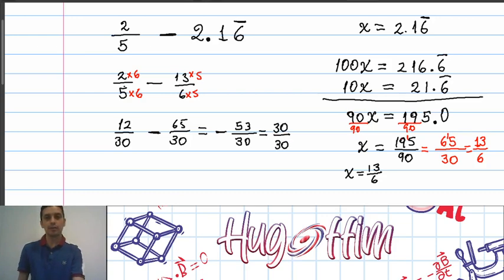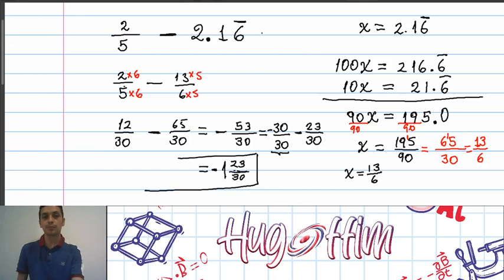Negative 30 over 30 minus 23 over 30. Okay, that 30 plus 23 is going to be 53. So this is 1 whole. So our answer is negative 1 whole and 23 over 30. And this is our expression.